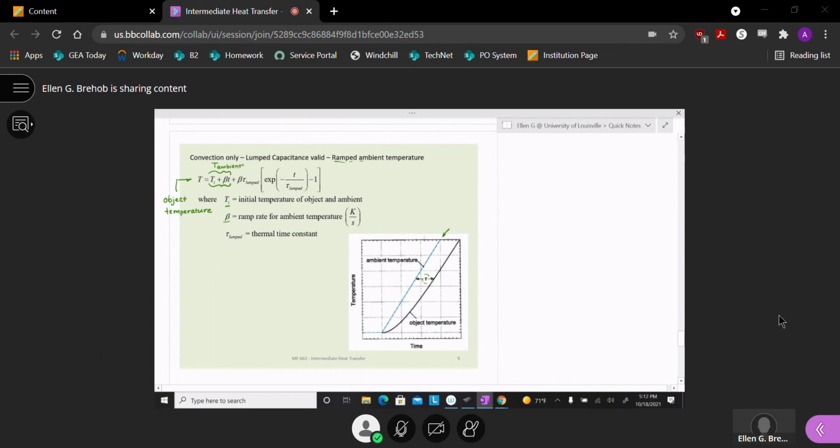It's at some initial temperature and it's ramping up at that rate, beta times t. And then this part is showing how the lumped capacitance, or the thermal capacitance of that sensor, has an effect to further delay and make our temperature lower than the ambient temperature.